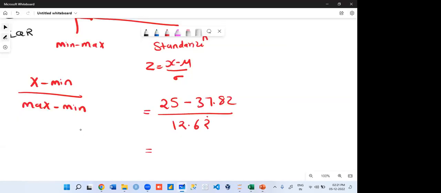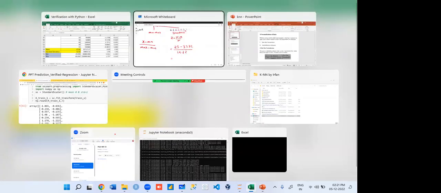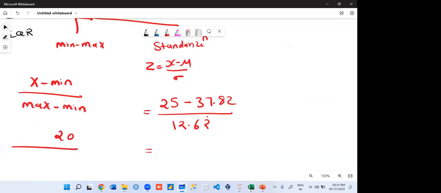The minimum value in our case is 20, max is 60. You know the first value of X? Solve this. X minus minimum.